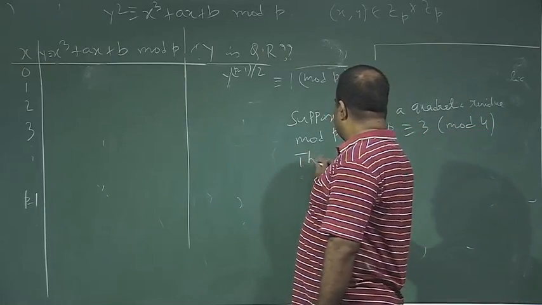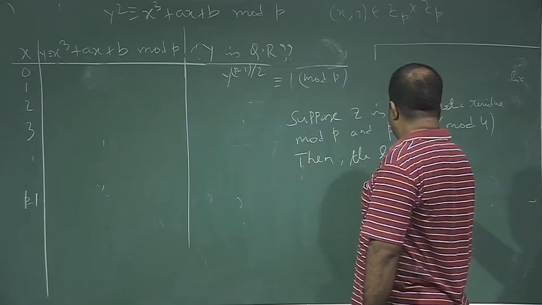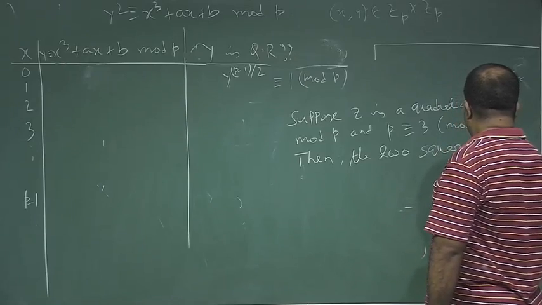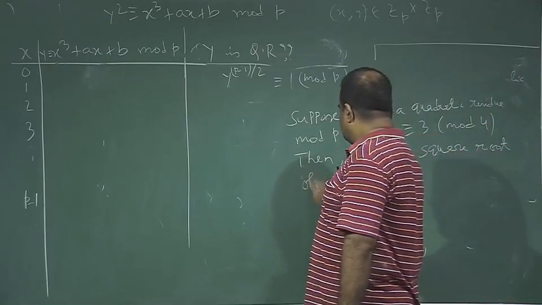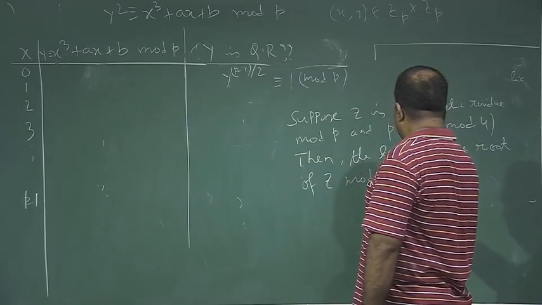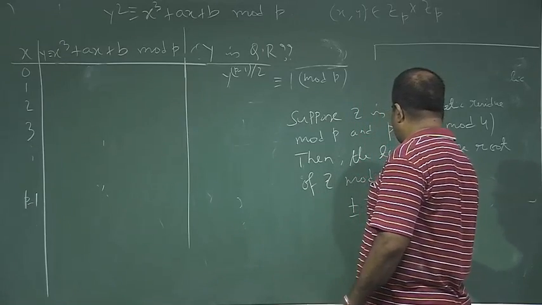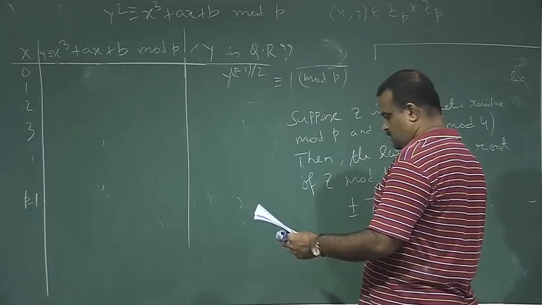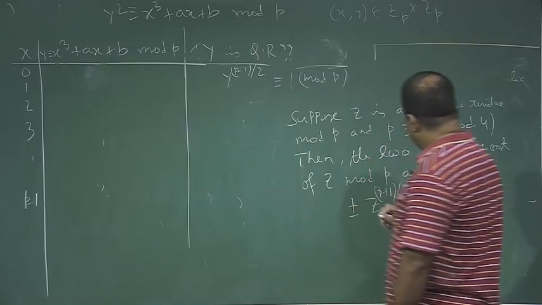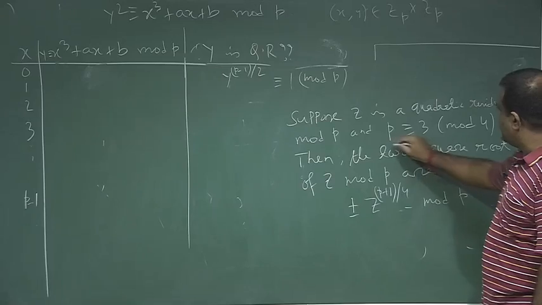Then the two square roots of z mod p are basically plus minus z to the power (p plus 1) by 4 mod p. So, this is the way we get the square root, provided p is in this form.